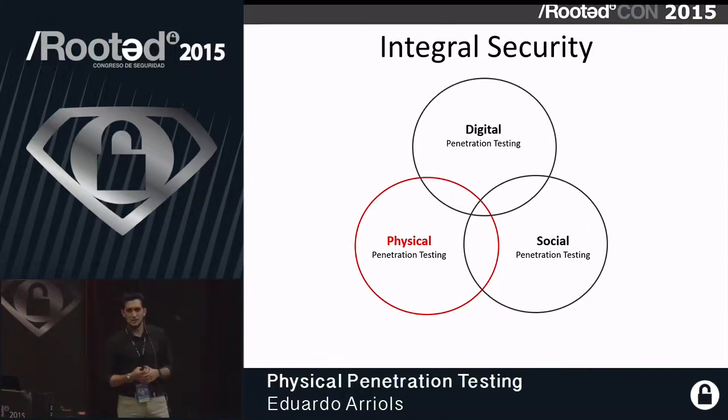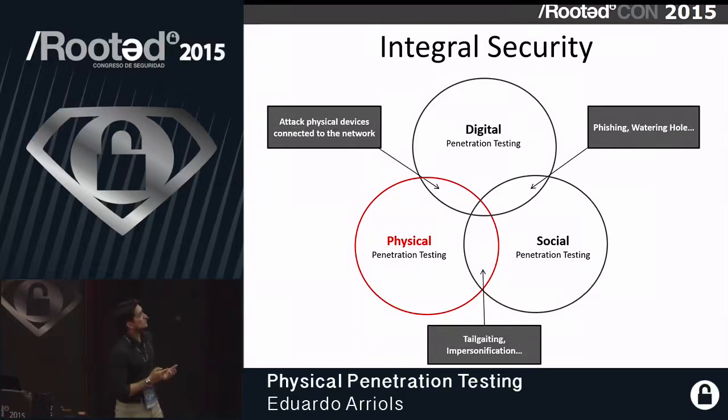So when it comes to security in companies, we are used to dealing with digital security, but companies also have other types of security. We have the physical one, penetration testing, then we have a social part, which is social engineering, and then we have a digital part. So if you want to secure a company, you really need to check on these three aspects.